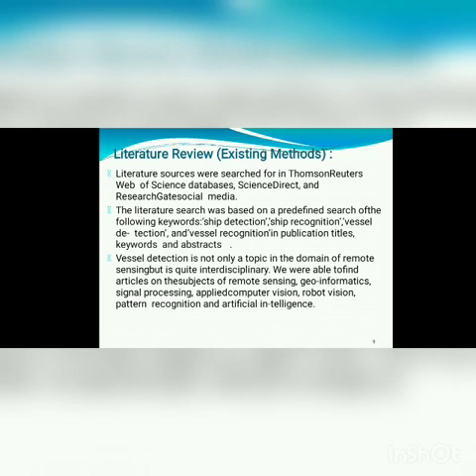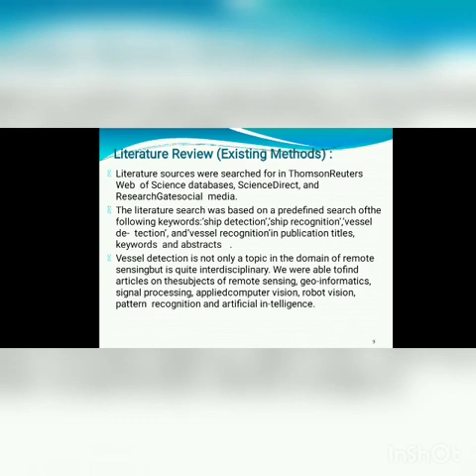Vessel detection is not only a topic in the domain of remote sensing but quite interdisciplinary. We were able to find articles on the subject in remote sensing, geoinformatics, signal processing, applied computer vision, robot vision, pattern recognition, and artificial intelligence.